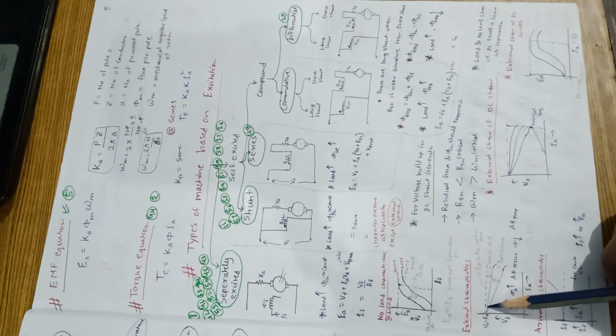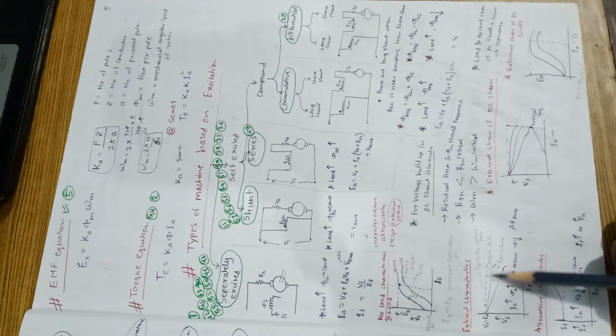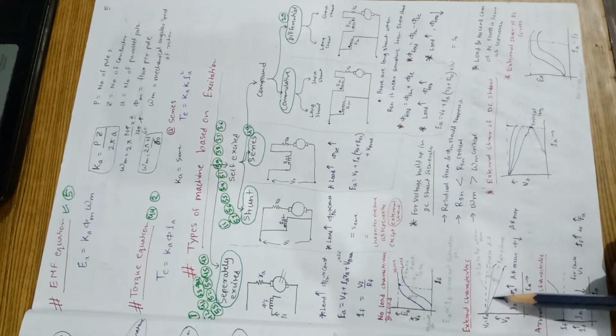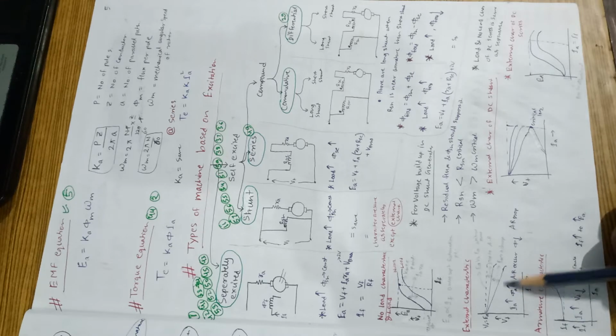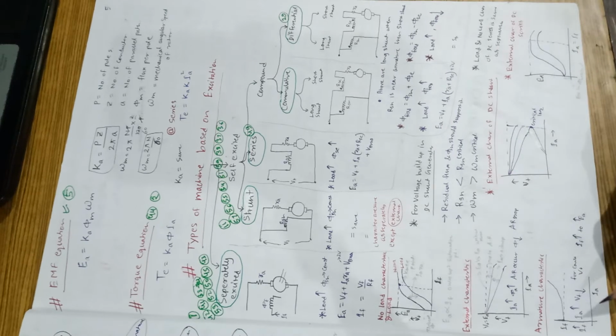This is the line due to armature reaction drop, and this one is due to the IA RA drop. We know that with increase in load, terminal voltage will decrease. So this is the external characteristic.